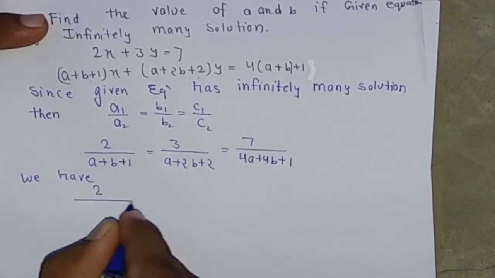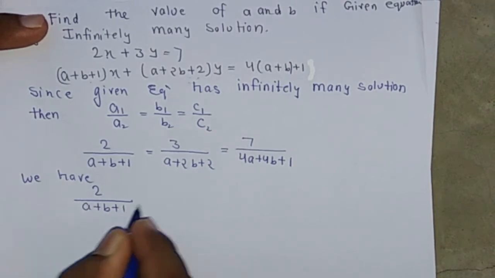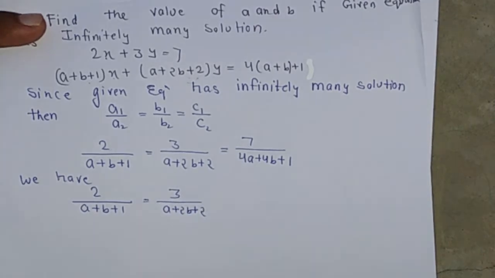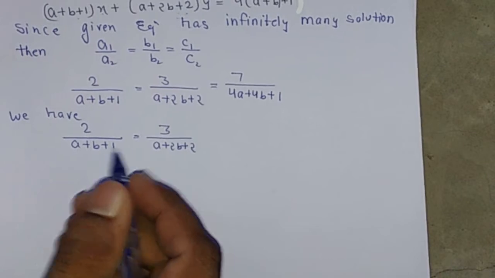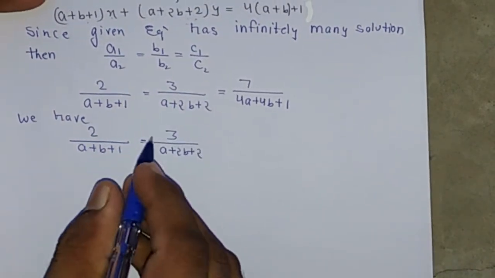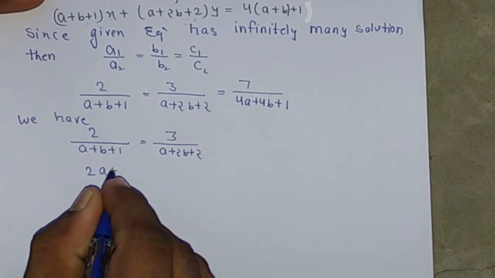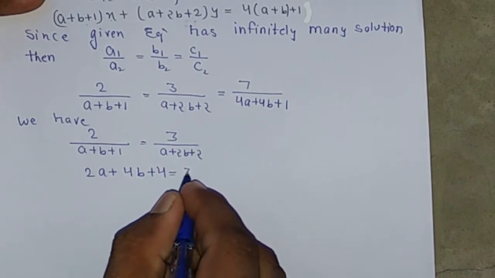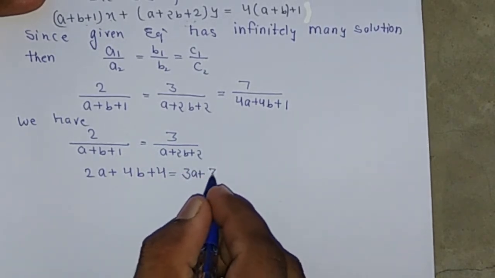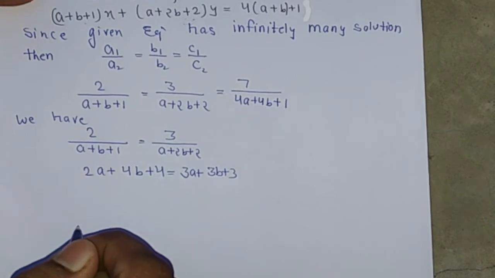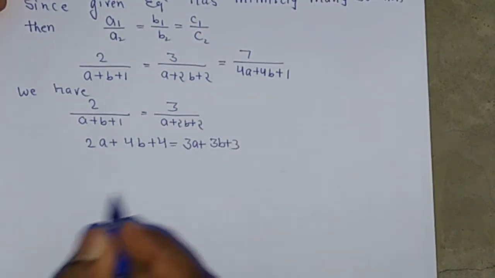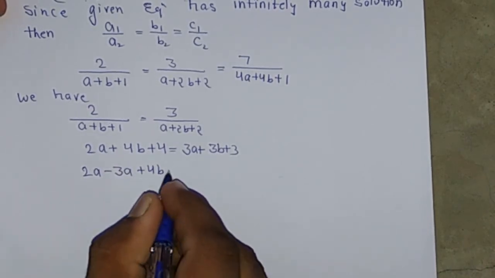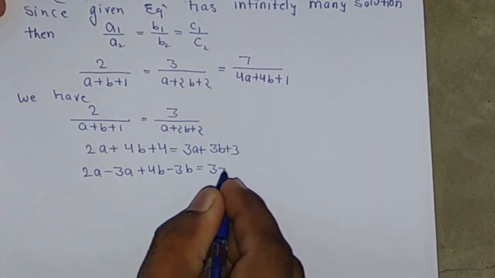Now we have 2 by a plus b plus 1 and 3 by a plus 2b plus 2. From here we get the first equation in terms of a and b: 2a plus 4b plus 4 equal 3a plus 3b plus 3, then 2a minus 3a plus 4b minus 3b equal 3 minus 4.